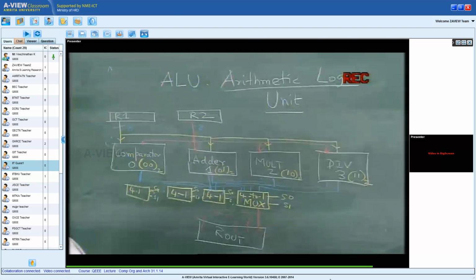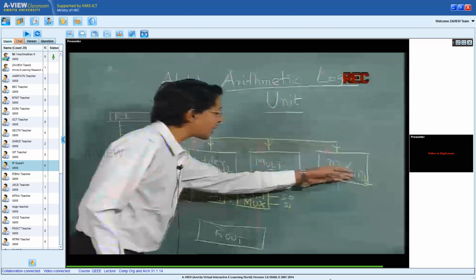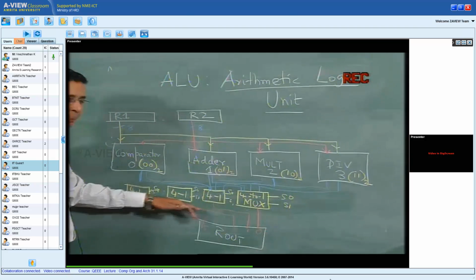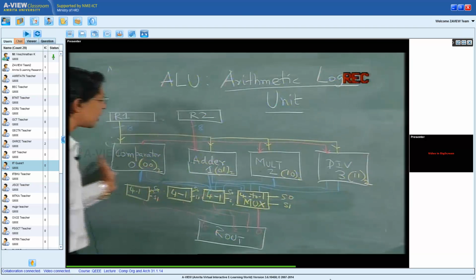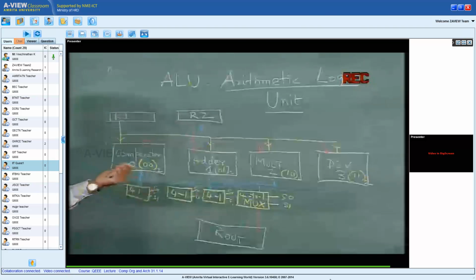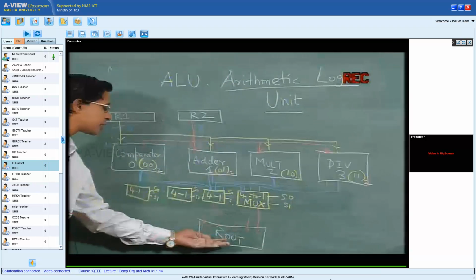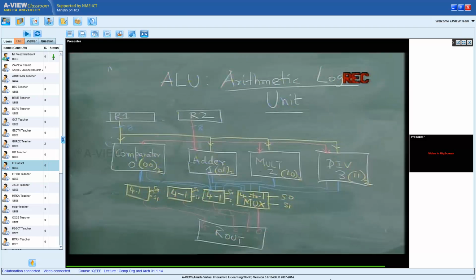So, the ALU comprises these arithmetic circuits along with a multiplexer which selects out of several operations which operation, the result of which operation is needed, and that result it collects out in another output register which can be used for further processing.